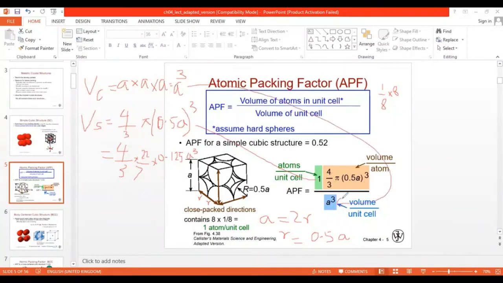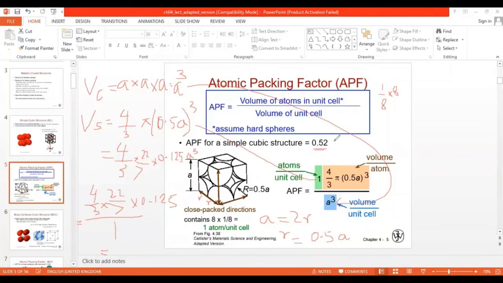So A cube and A cube will be cancelled, right? At the bottom you have 1. At the top you have 4/3 into pi into 0.125. So if you substitute, you will have 0.52, right?